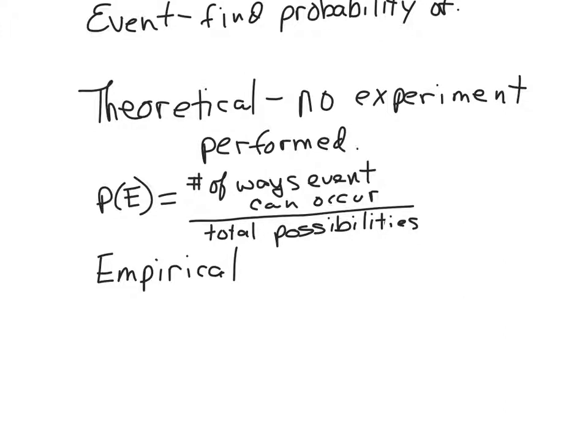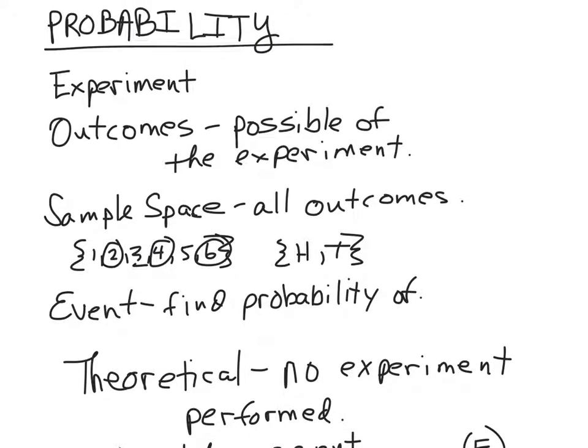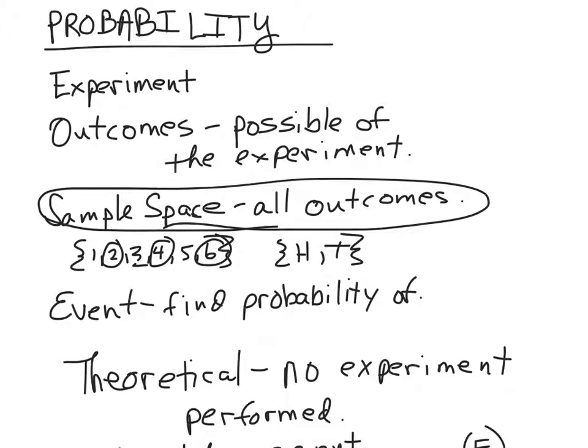Now we don't usually write out the formula that way. We usually write it out this way. The number of ways an event can occur we call N(E). And look, the total number of possibilities up here, we said that the sample space listed all the possible outcomes.